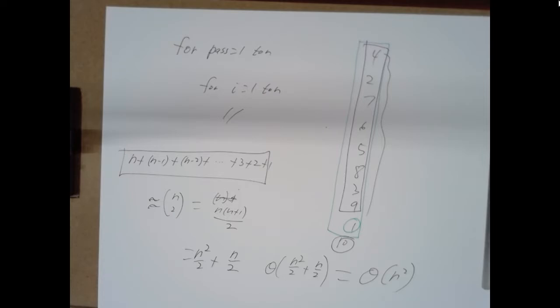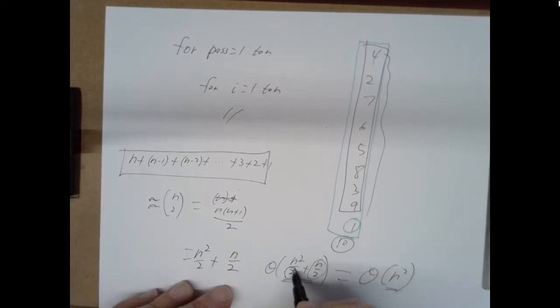If n is very small, there's certainly a big difference between this and this, 5 squared versus 12.5 plus 2.5. But if n is really big, like a trillion, the percentage difference between this and this is very, very small, because a trillion squared is so much bigger than a trillion over 2.